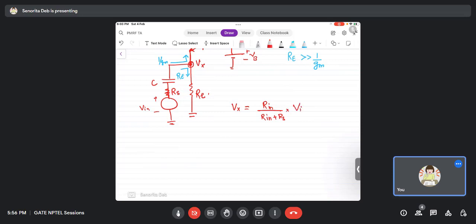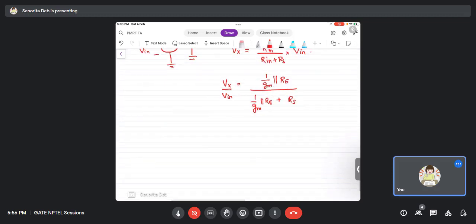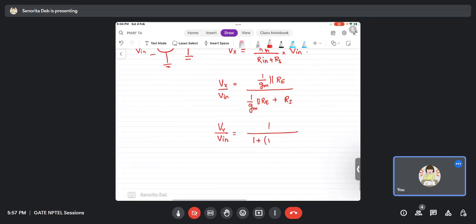Okay. So if you put in the values, Vx upon Vn is 1 by Gm parallel Re, which is what my Rn is, upon 1 by Gm parallel Re plus Rs. Now, if you open it, we'll get Vx upon Vn as 1 upon 1 plus Gm Re into Rs, right?